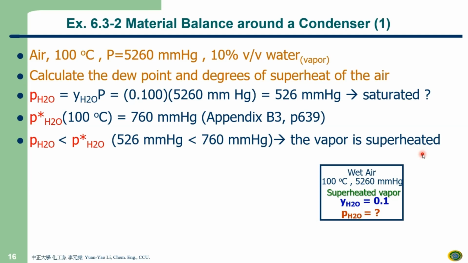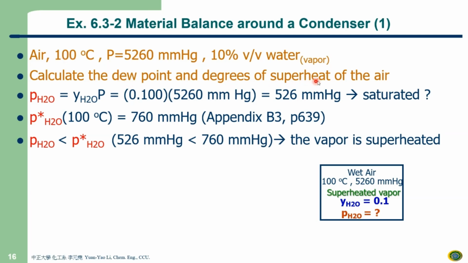Now I want you to find the dew point. What's the dew point? You decrease the temperature from 100 to 95, 90, 85, 80, and you find the first drop of water comes out. At that time, this is called the dew point. For example, say 90 degrees. Now you have 100 degrees and 90 degrees.